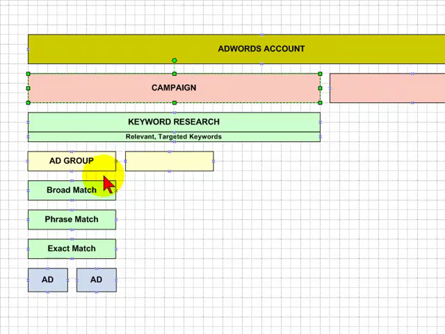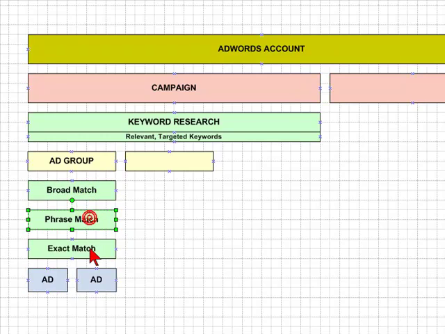Campaigns then have a number of keywords split into a variety of ad groups, where each keyword can be a broad match, a phrase match or an exact match. And for each ad group you have one or preferably two or more adverts that you rotate, which are actually what get displayed when you search, or when your prospects search on the Google search engine.